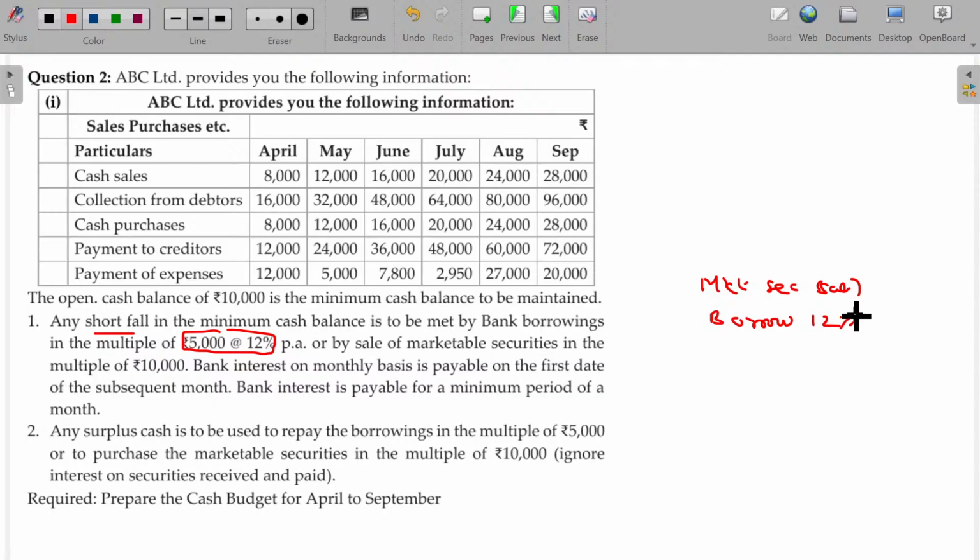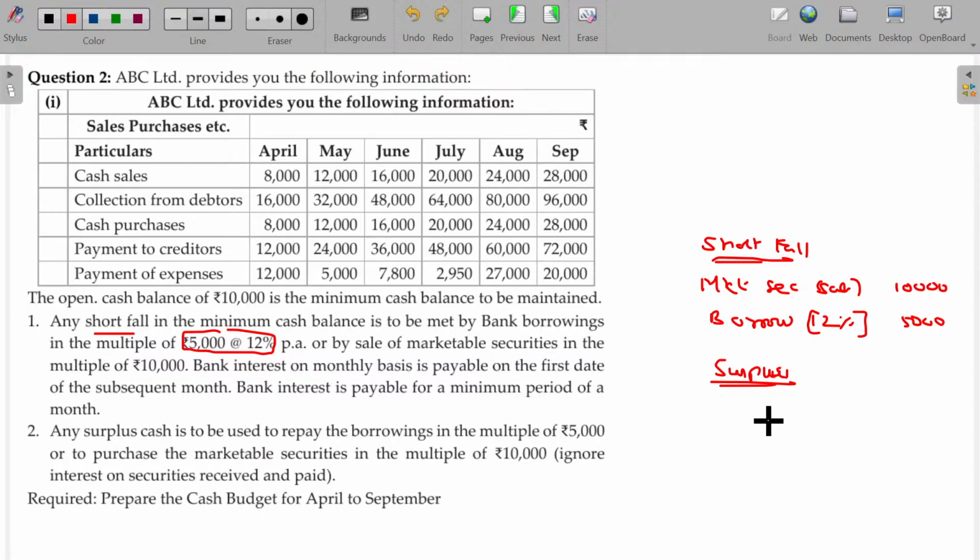Borrowing will carry 12% interest per annum. It should be in the lot of 5,000. Marketable securities in the lot of 10,000 in case of shortfall. If you have surplus, what happens? If there is any borrowing, first of all, repay this.